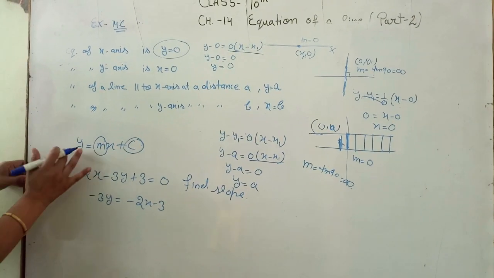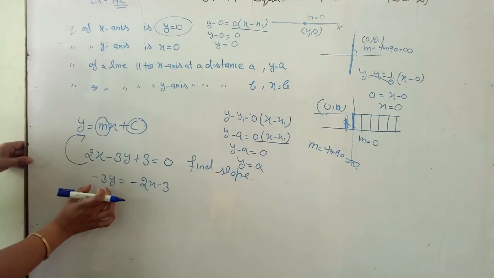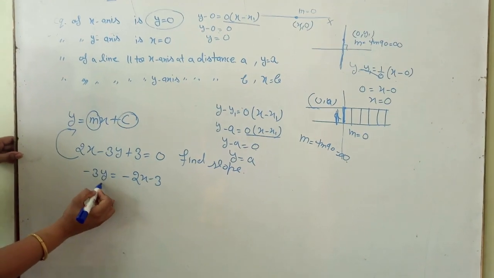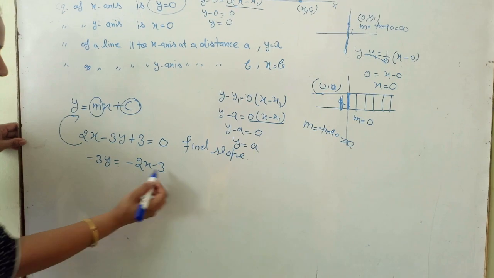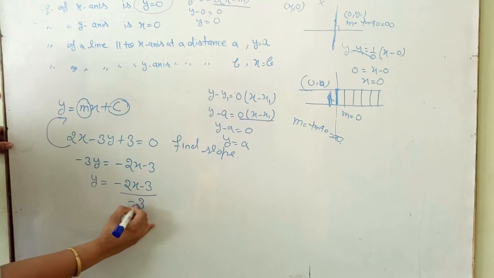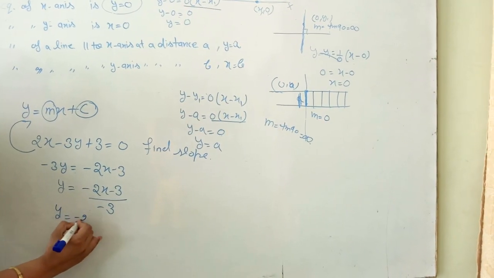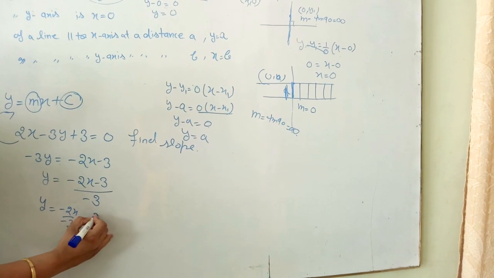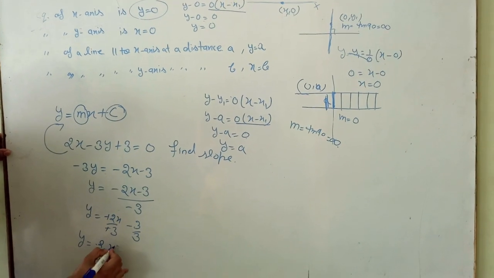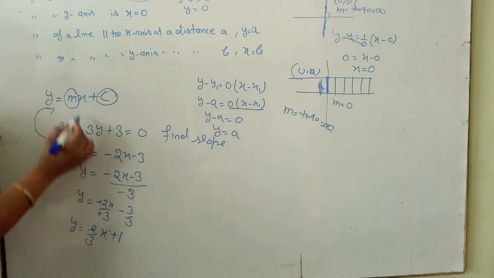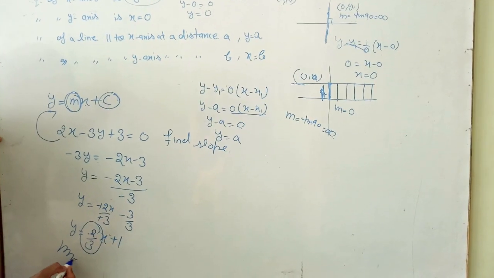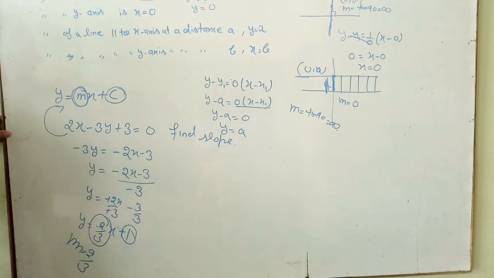First we convert this equation to this type, with the y term on the left side and other terms on the right side. Then y equal to (minus 2x minus 3) divided by minus 3, so y equal to minus 2x by minus 3 and minus 3 by minus 3. Y equal to plus 2 by 3 x plus 1. Then the coefficient of x is the slope, 2 by 3. So our slope is equal to 2 by 3 and the y-intercept is equal to 1.